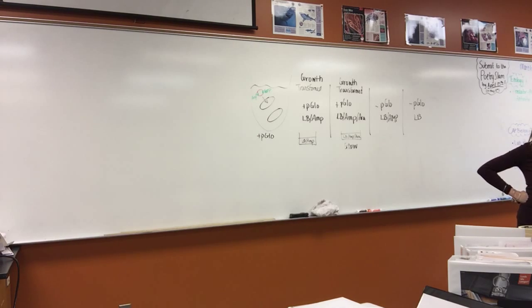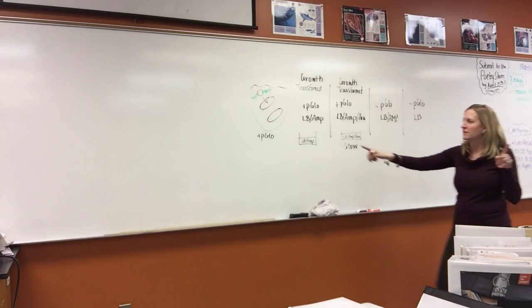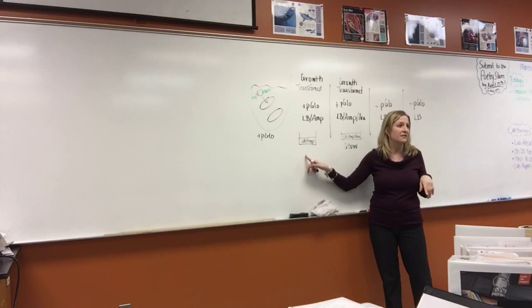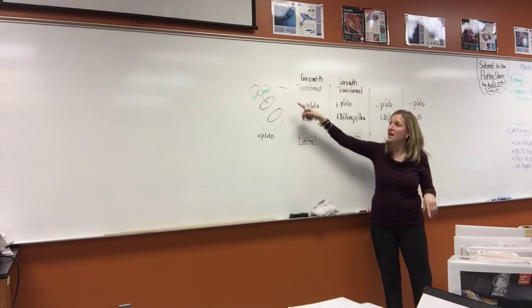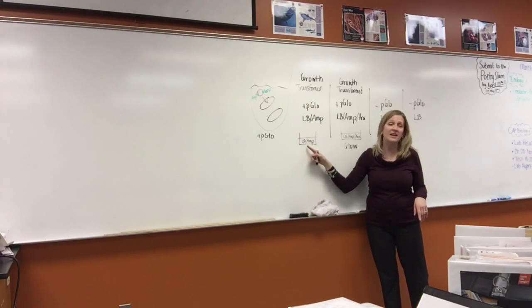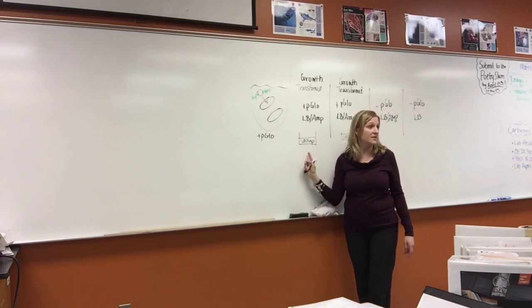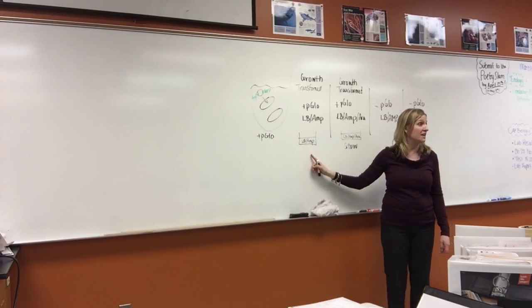Is the DNA glowing? Is the gene glowing? Think about this. If the gene was glowing, what would this one be doing? Glowing as well, because this bacteria here also has the green fluorescent protein gene.